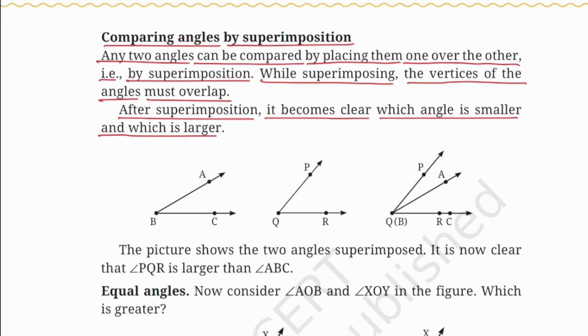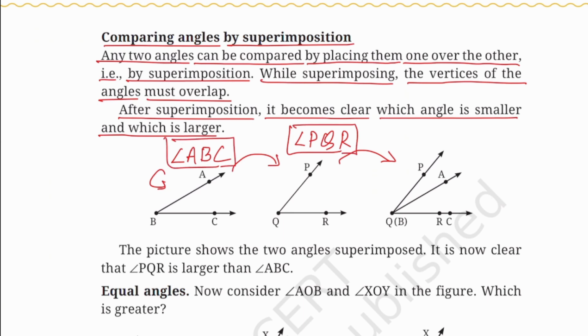For example, if you superimpose angle ABC over angle PQR, you will get this picture. From this picture, you can observe that angle PQR is greater than angle ABC. It is now clear that angle PQR is larger than angle ABC.